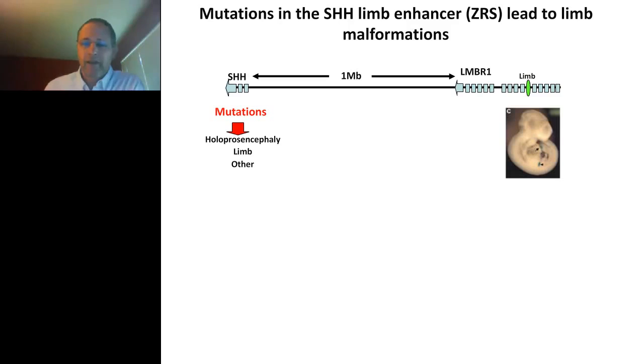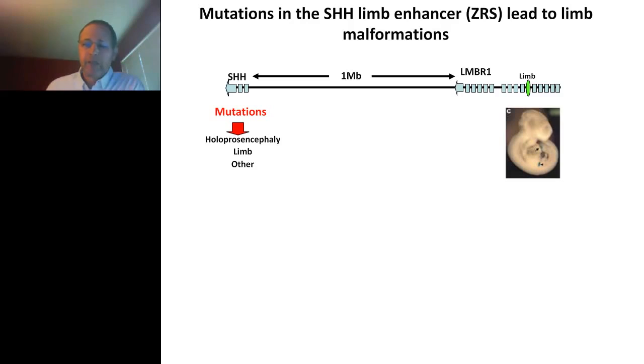And then 1 million base pairs away, in an intron of another gene, so this is a non-coding sequence that is 1 million base pairs away from the gene that it regulates, there's the sonic hedgehog limb enhancer that tells sonic hedgehog to turn on in the limb at a specific time point.